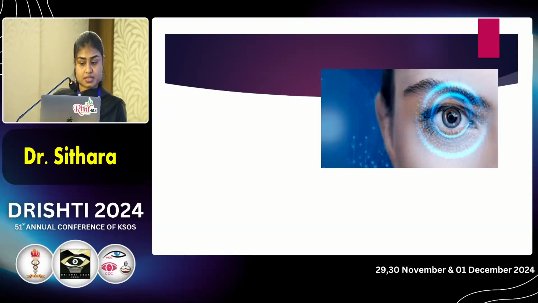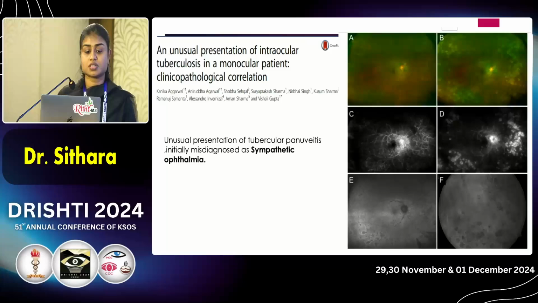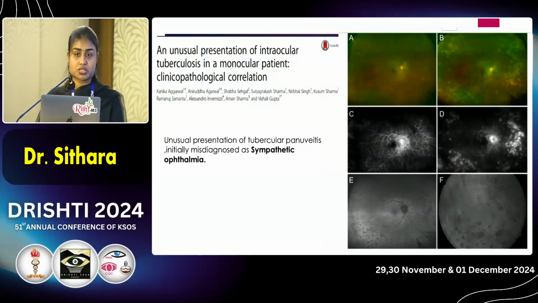Just to mention a few case reports published in various journals. The first case is of an unusual presentation of a tubercular panuveitis, initially misdiagnosed as sympathetic ophthalmitis, and hence was treated with IV corticosteroids and immunosuppressives.